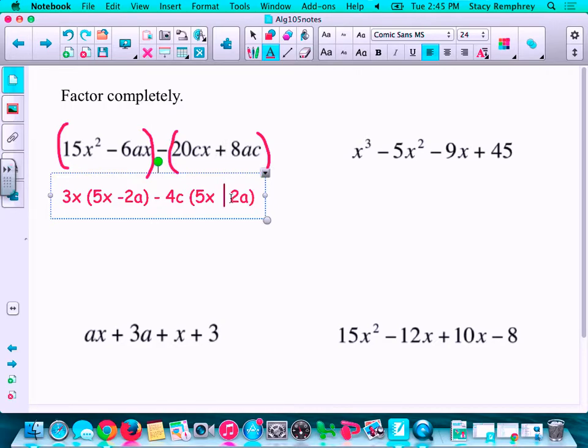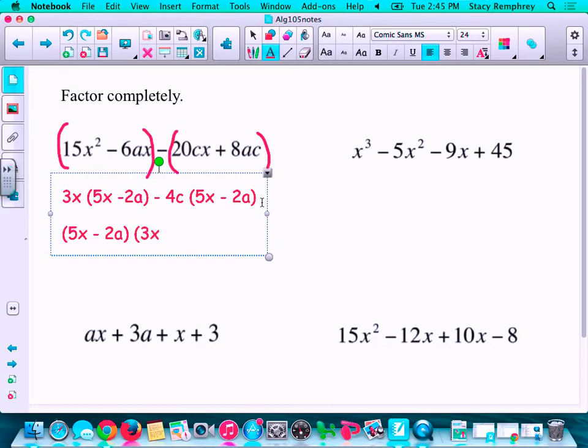So in order to get a positive 8, this needs to be a minus, because you're distributing a negative 4c into here. So when this sign here is a minus, expect a sign change for back here. And then it looks exactly like the other ones. And there's your answer.